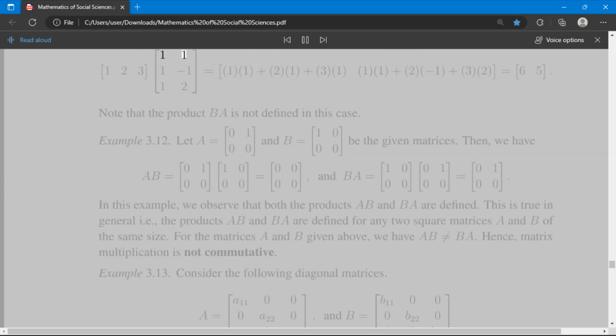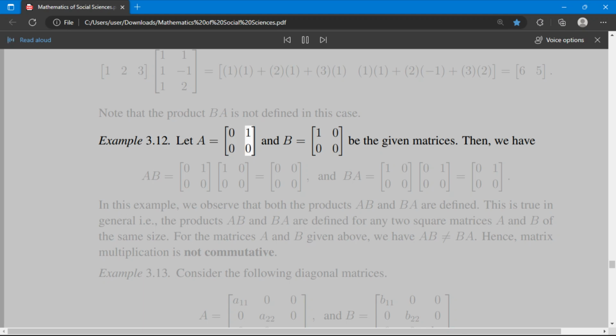Thus, we have AB = [1 2 3] times B, which equals [1*1 + 2*1 + 3*1, 1*1 + 2*1 + 3*2] = [6, 5]. Note that the product BA is not defined in this case.